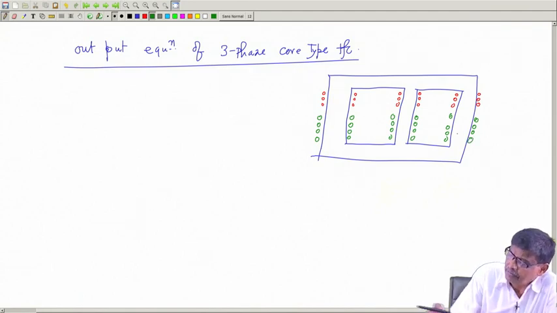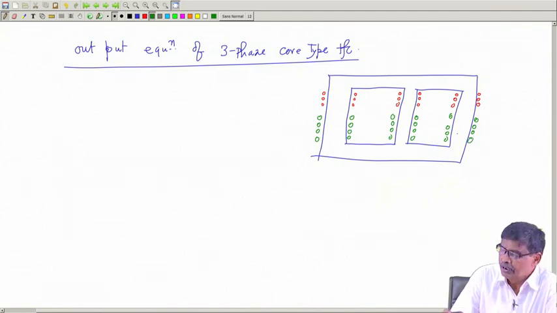Got the point. So, LV windings, there are 2 windows, and these 2 windows are of equal dimensions because it is well designed.